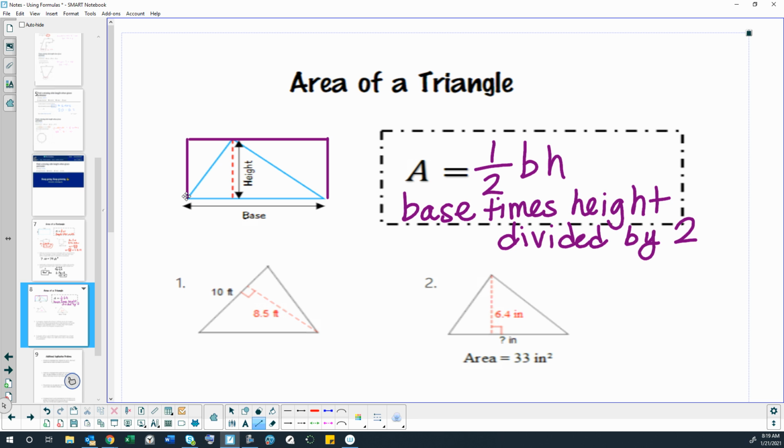The interesting thing though is if you were to take this piece right here and flip it over, it would fit exactly with that part of the blue triangle over to the red line. And then if you were to take this piece right there, it would fit exactly in this side of the triangle because we really have just two other little triangles that if we put together, it makes exactly the same size as the blue triangle.